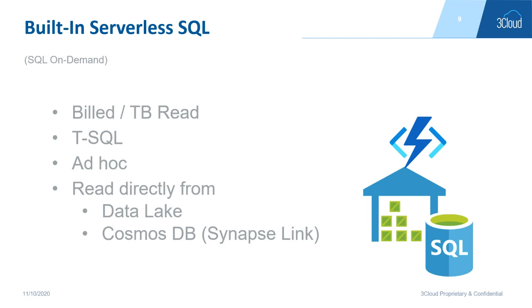And also using Synapse Link, you can read data directly from Cosmos DB. Right now, from the serverless compute, you can't read from your SQL Pool source, like your permanent SQL Pool. But I believe that is coming, so that you can get some sort of cross database queries. Don't hold me to that though.